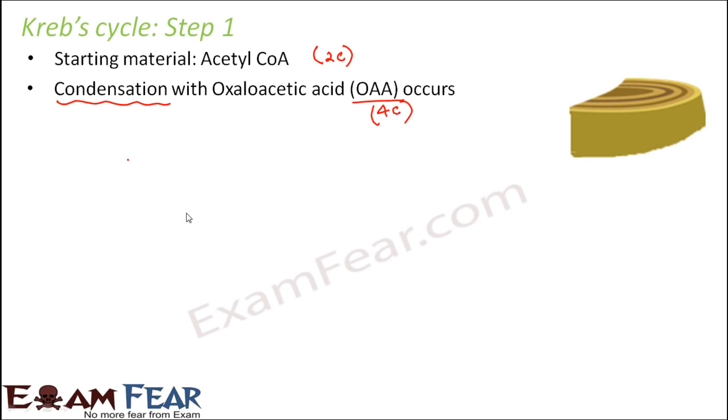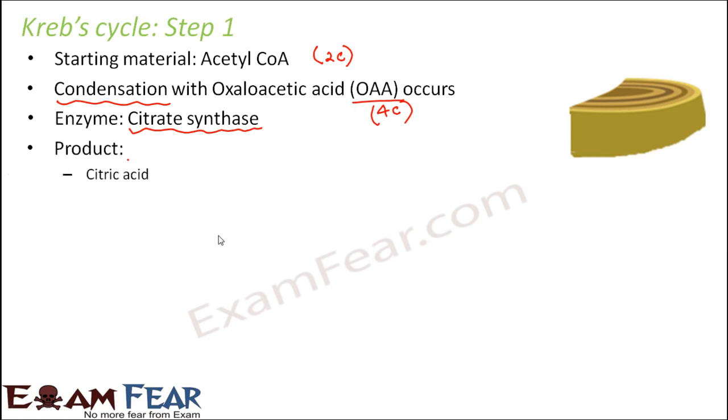So what is that 6-carbon compound? The 6-carbon compound is going to be citric acid, and the enzyme which plays a role in this condensation is citrate synthase. So the product is citric acid.